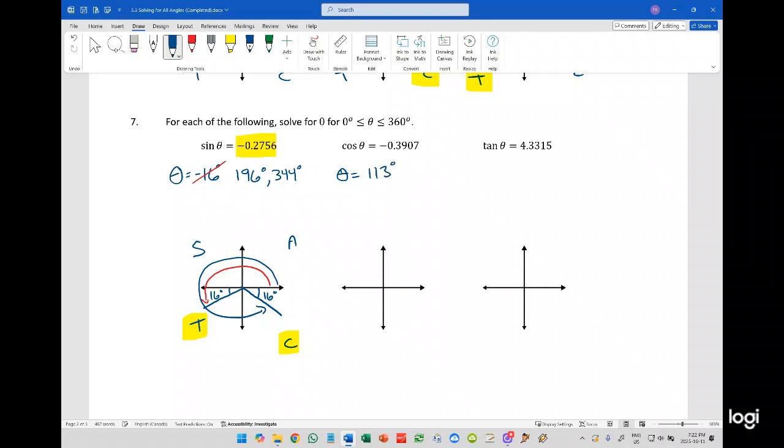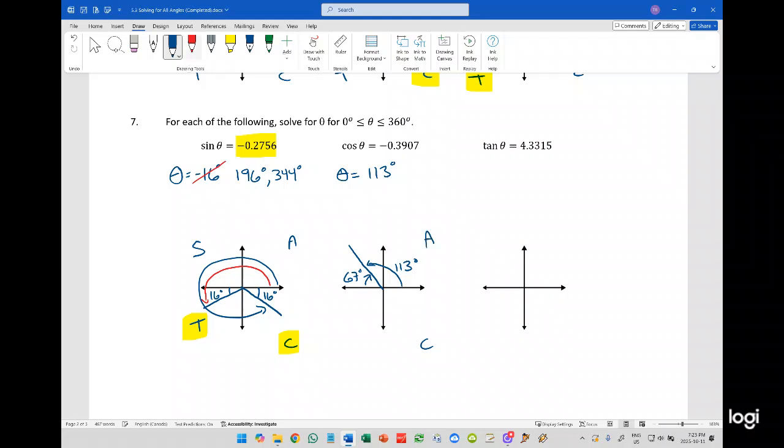Now that is a valid answer. And 113 degrees is just over 90, so it's going to be over here. But that means that this angle here is going to be 180 minus 113, so that's going to be 67 degrees.